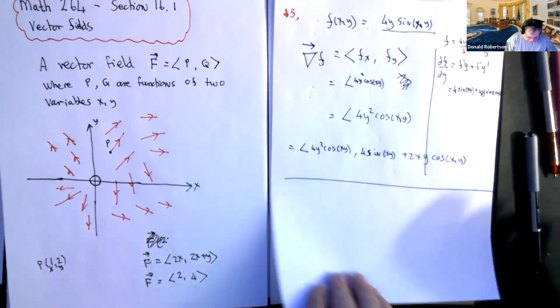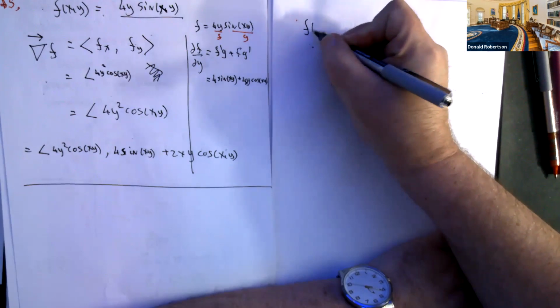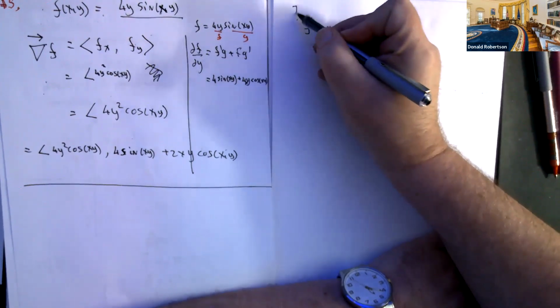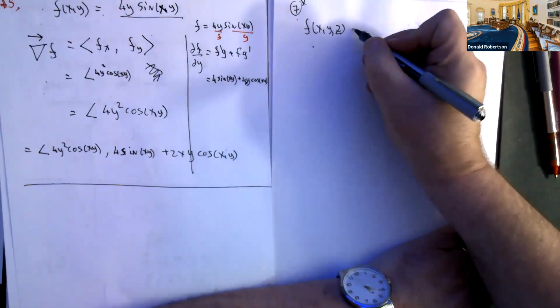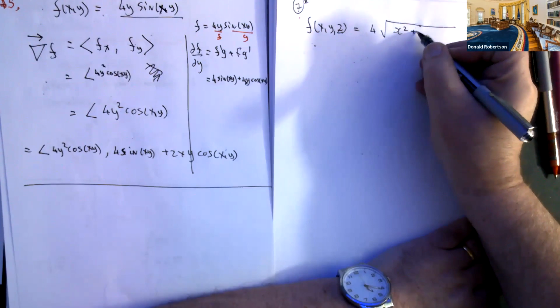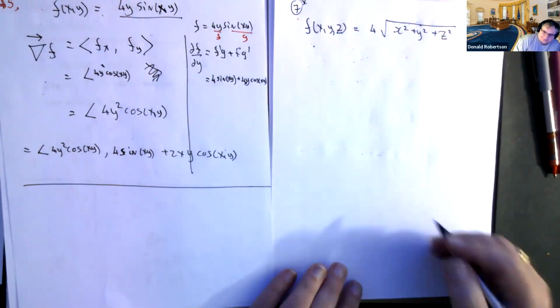So how about a gradient vector like this fella, which is a version of question 7. Suppose we want to find the gradient vector of this 3-dimensional function.